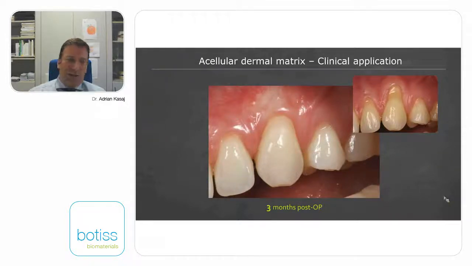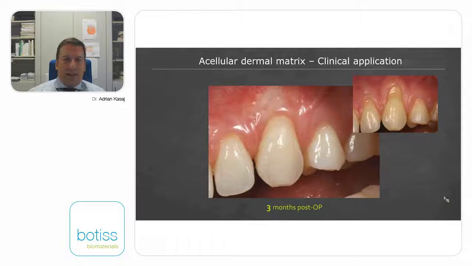You can use a regular coronally positioned flap, a modified coronally positioned flap, tunnel technique, just as long as you ensure that you have excellent vascularization to the overlying flap, which is going to give nutrition to the matrix. So this is the most important thing.